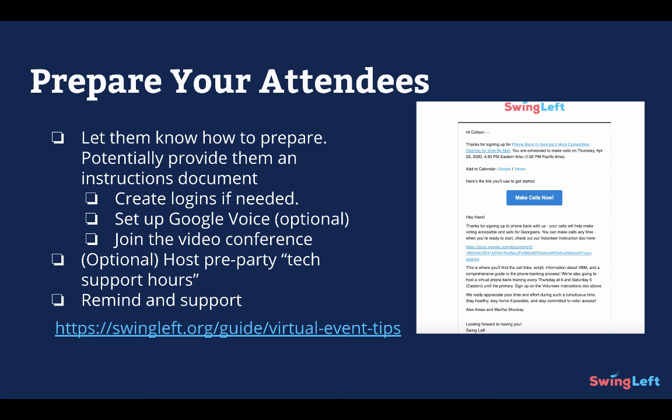There's more information at the link that you see here at the bottom, which will walk you through how to make sure that somebody gets the information they need when they register for your event.